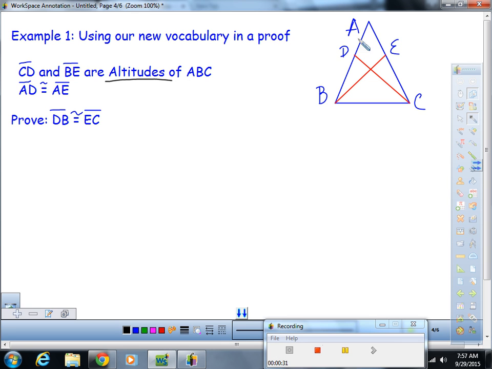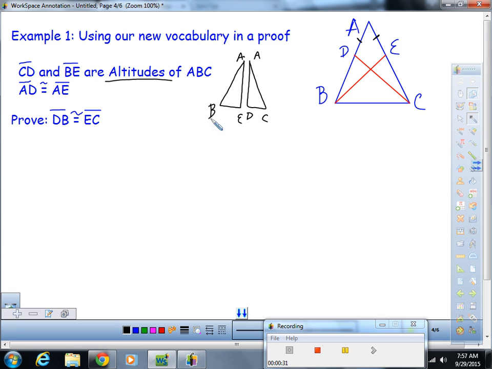Now what I'm going to do here, which is a good strategy, is pull a little mini picture aside. I have a feeling we're going to have to prove that triangle ADC is congruent to triangle AEB.